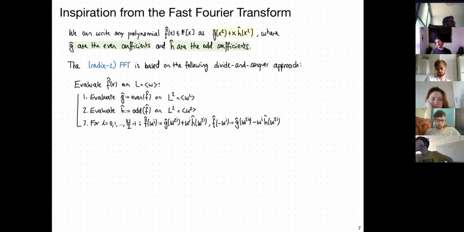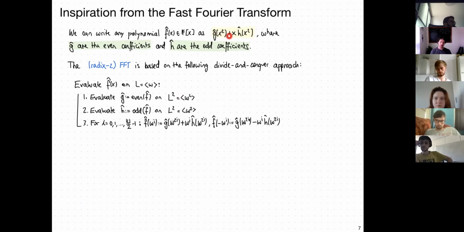The important part, and the reason why we did that, is because we want to save half the queries. What do I mean by that? The nice thing about dividing into even and odd coefficients is that rather than talking about things from L, we're now talking about things from L squared.